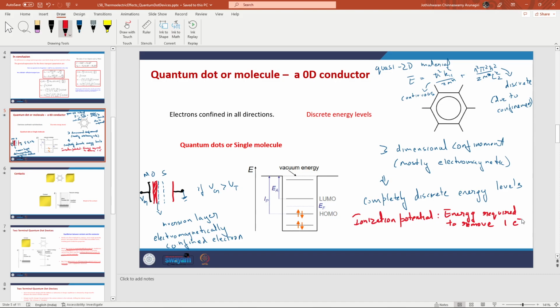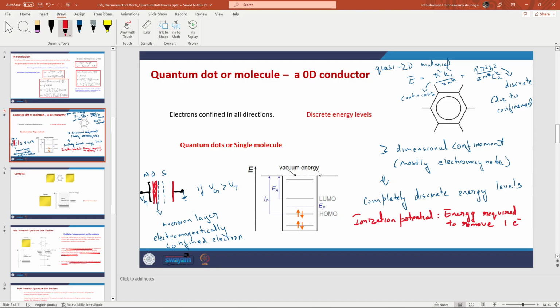Now you can ask, why am I just saying it is one electron? Because if I supply some energy, it is extremely rare for a lower energy electron to absorb it and jump up. Even if that happens, eventually one of the higher energy electrons will jump down to the lower energy levels. So whatever we do, when I supply some energy, one of these electrons is going to jump out of the system.